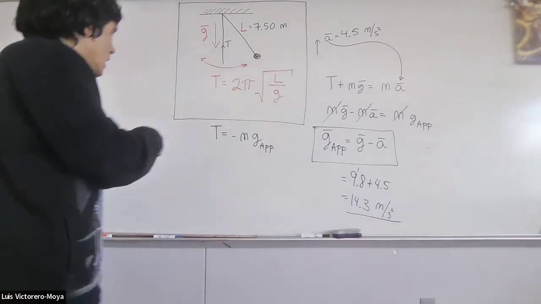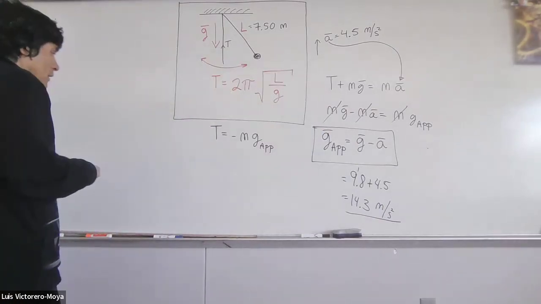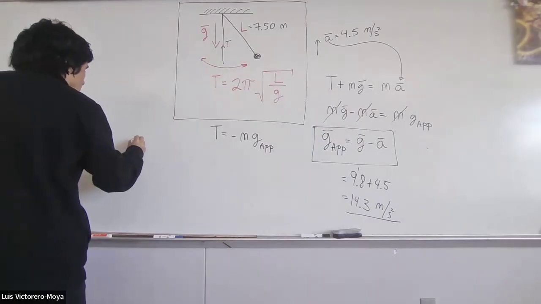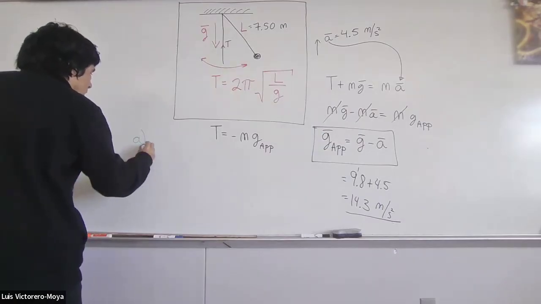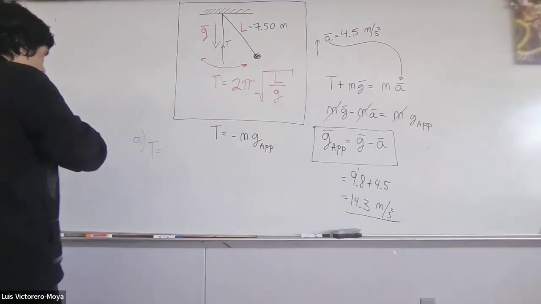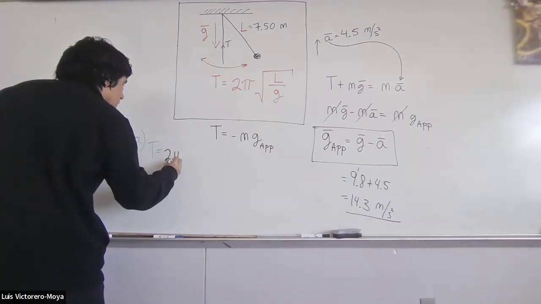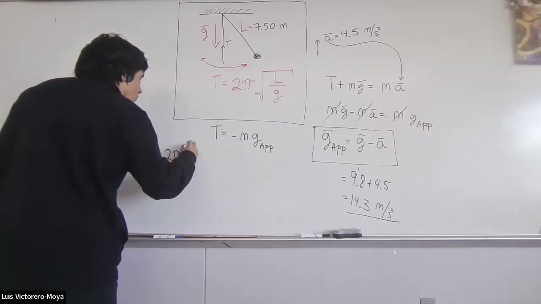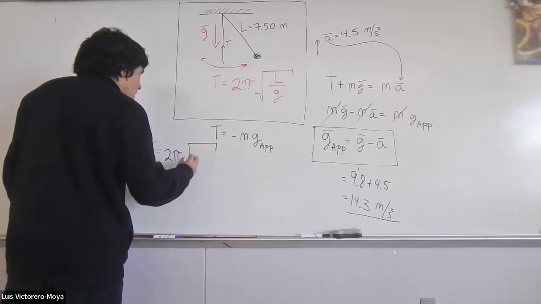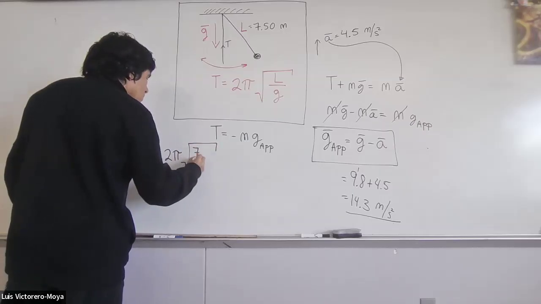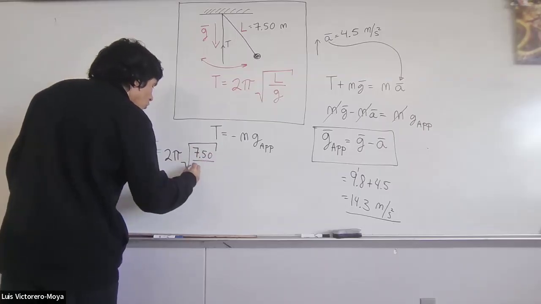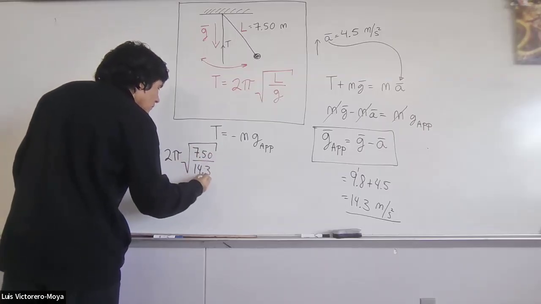So for part A, in that problem in Cengage, the period will be 2 pi square root of 7.50 over 14.3.